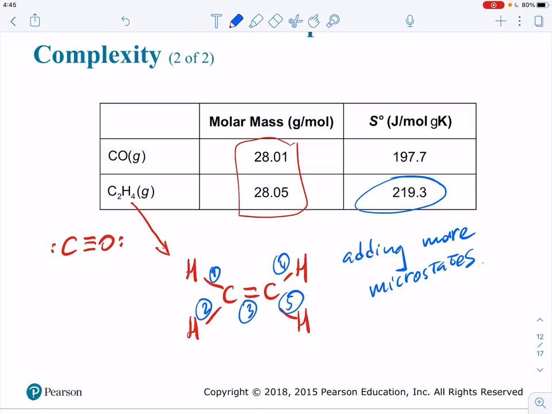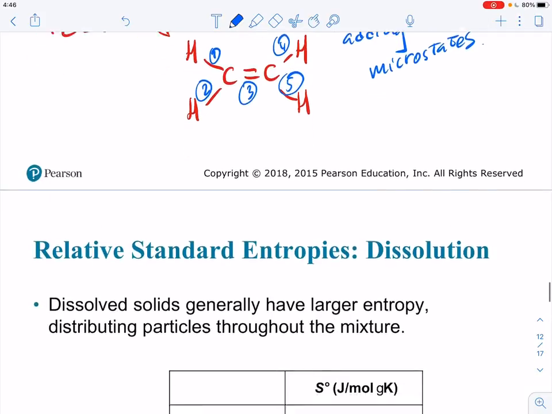So remember, things that control the absolute entropy: the molar mass, the different allotropic forms, the complexity of the molecule, and what else?